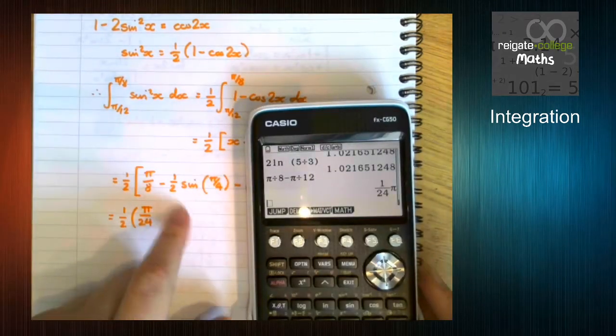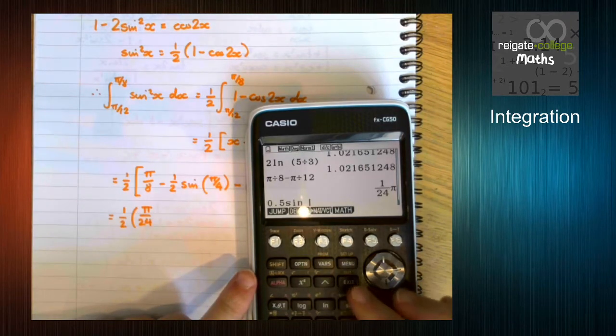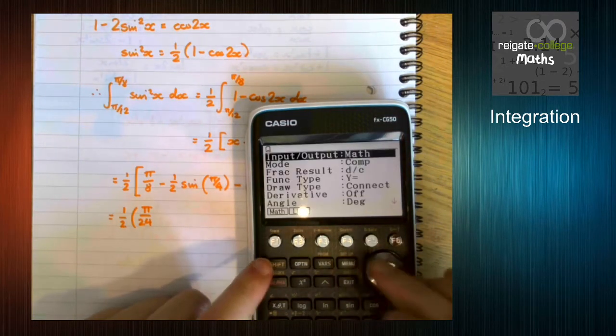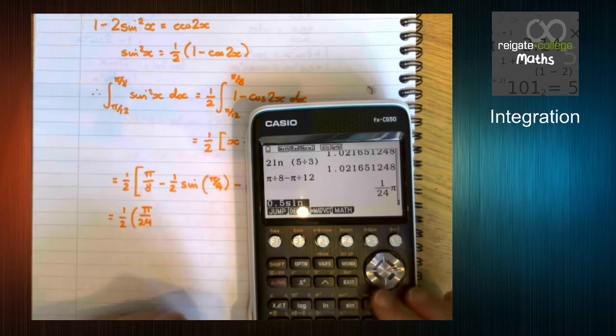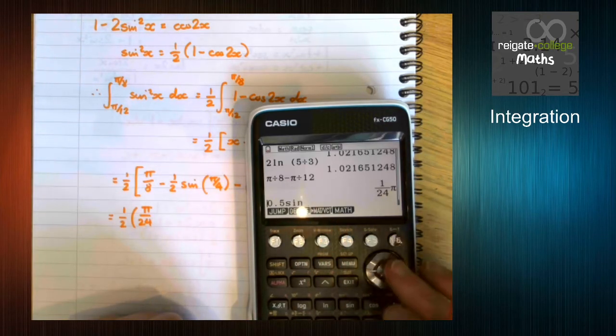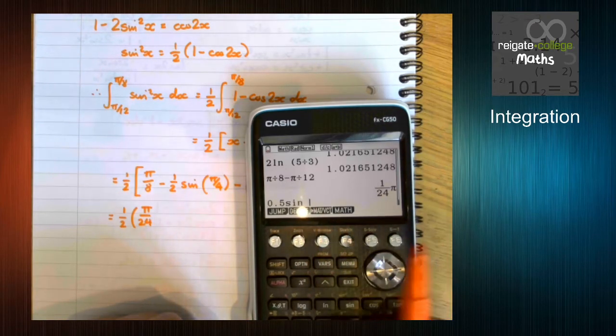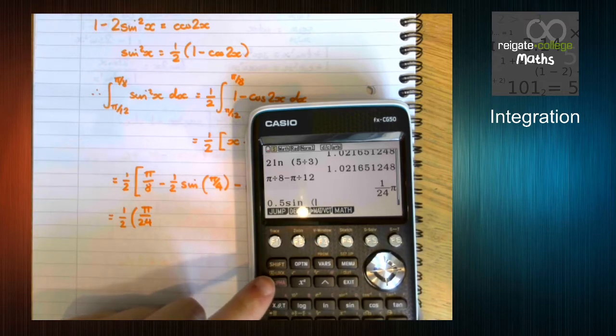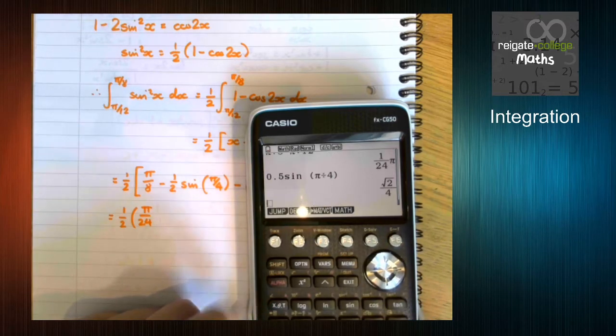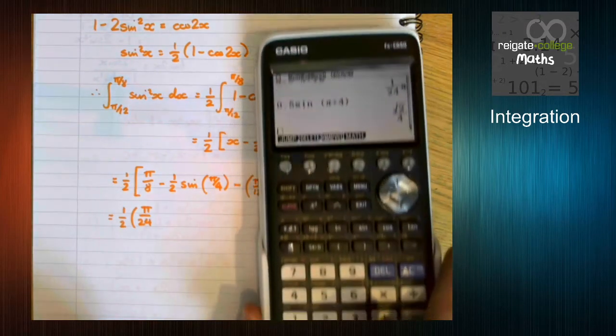Let's do the other bits. A half sine pi over 4, check I'm in radians mode, which I'm not. So I get root 2 over 4.